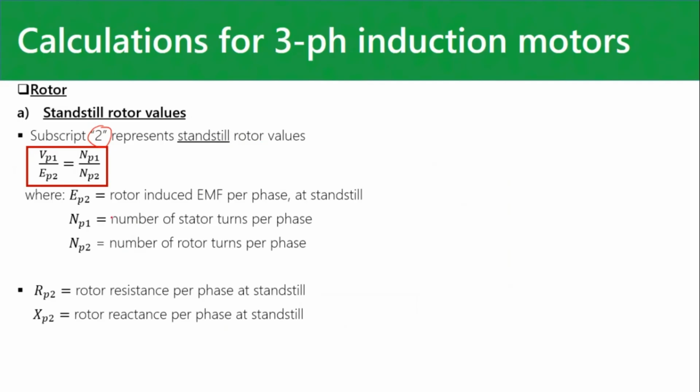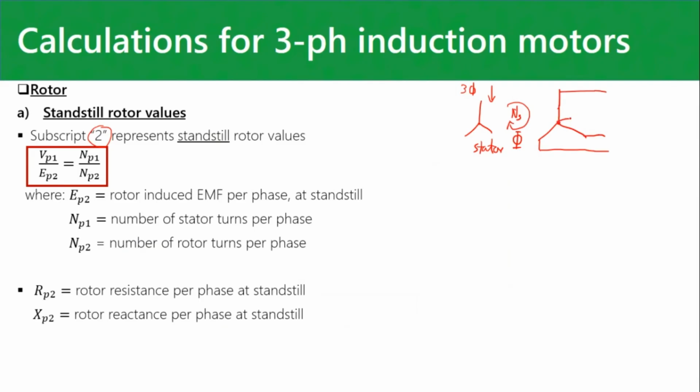When we put 3-phase power on the stator, we immediately get a rotating magnetic field, rotating at NS flux. Then it cuts across the rotor conductors and induces an EMF in them. The rotor's still not turning yet. It's that split second before the rotor starts to turn.